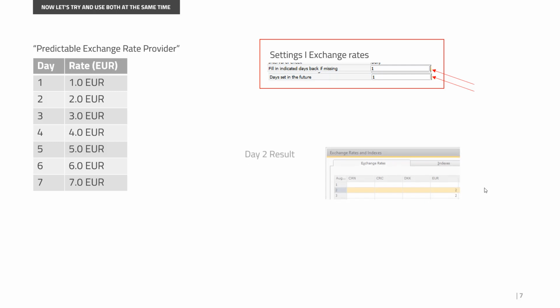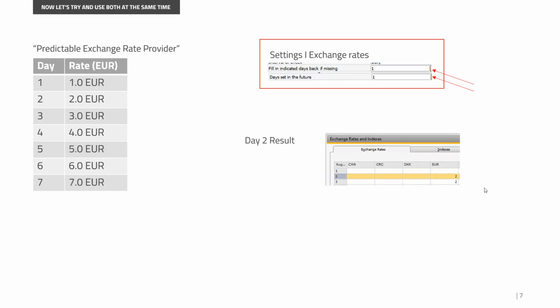Well, it means that the day 2 result, given there was nothing in 1, would be that on day 2, day 2's rate 2 was set on day 3. And then it filled back missing indicated days on day 2. So this would be the result, that both day 2 and day 3 with those rates would get a 2.